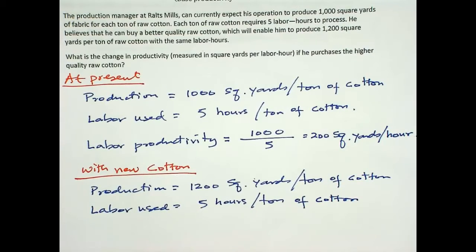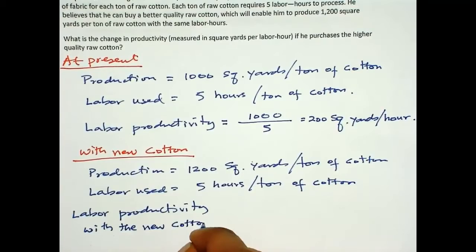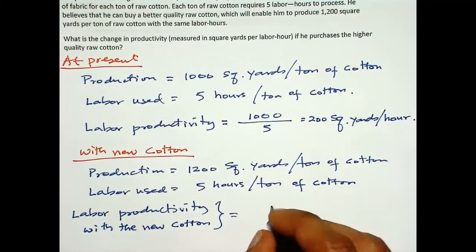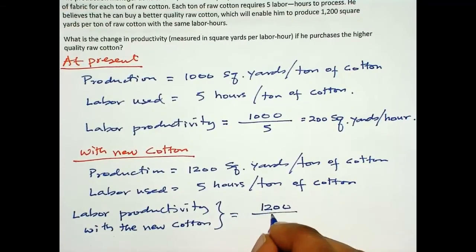Okay. Now labor productivity with the new cotton is 1,200, that's the output, divided by 5.